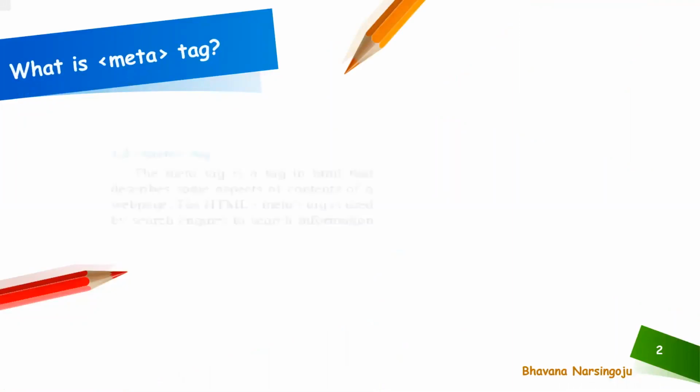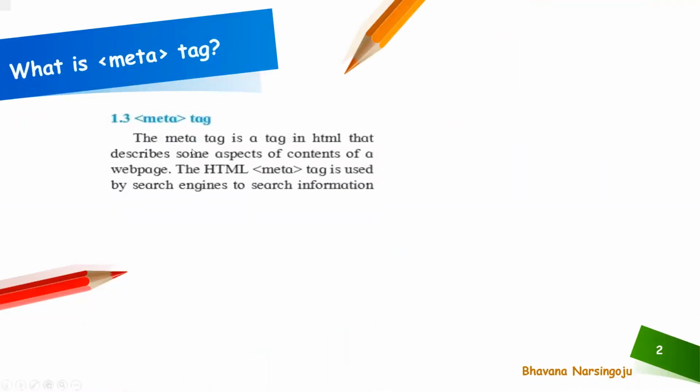What is meta tag? Meta tag is a tag in HTML that describes some aspects of the content of the web page. What is the meaning of some aspects of content of a web page? When you search for anything in Google or Yahoo or any search engine, if you type computer, do you get only computer results?